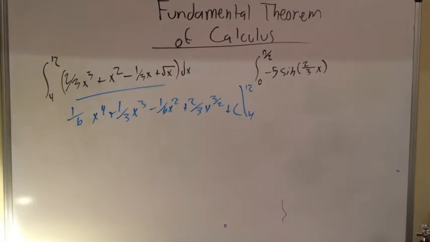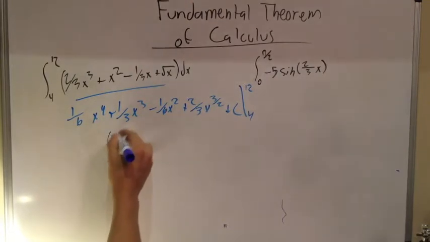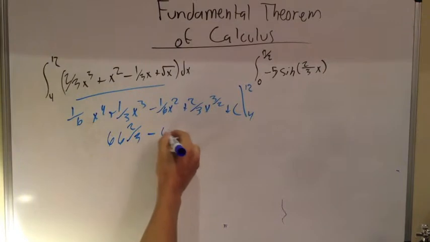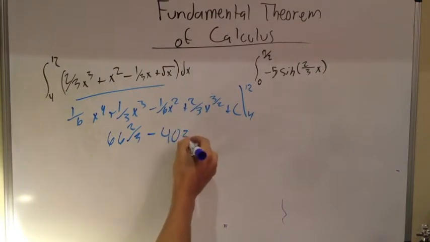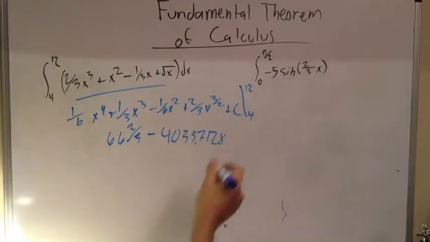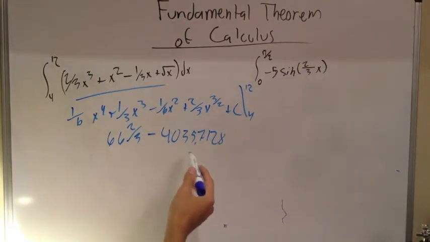In the end, after you do that, you get 66 2/3 minus 4035.7128. This is an approximate number, it's not exact.